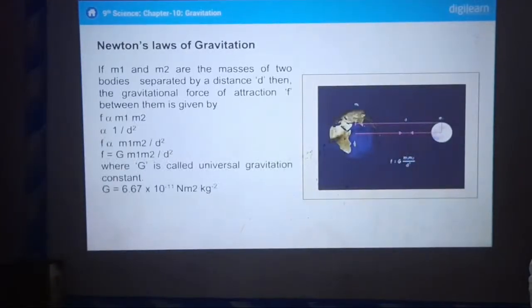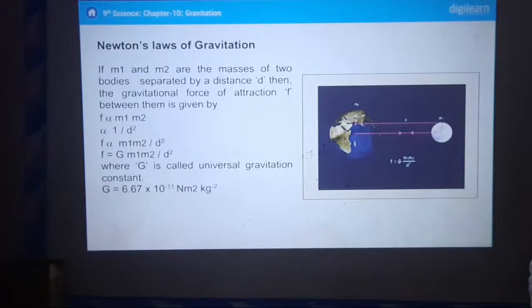If M1 and M2 are the masses of 2 bodies separated by a distance d, then the gravitational force of attraction F between them is given by F proportional to M1 M2, and proportional to 1 upon d square. F is proportional to M1 M2 upon d square.